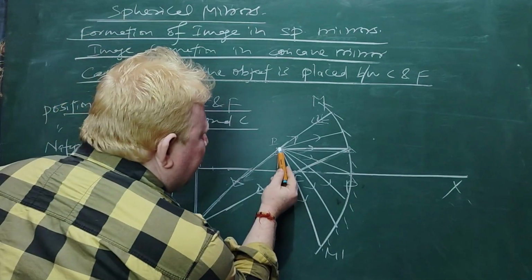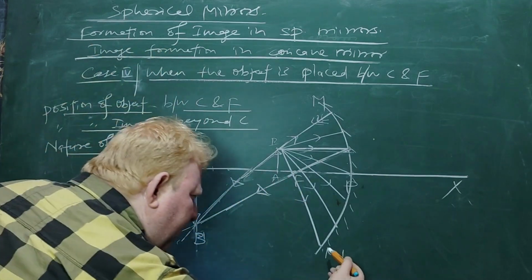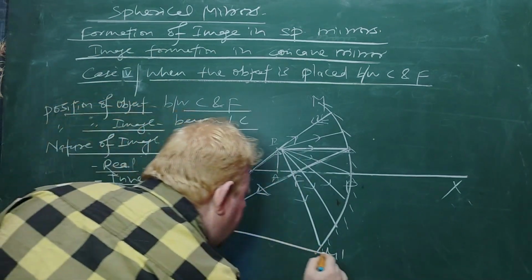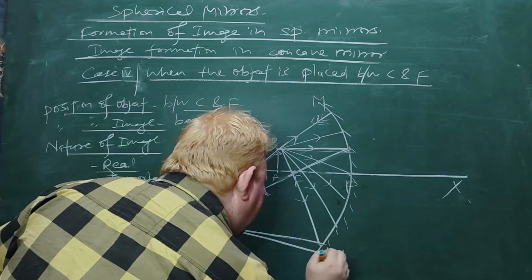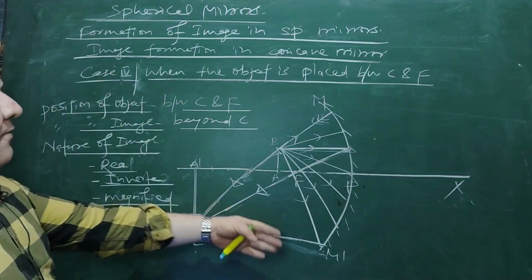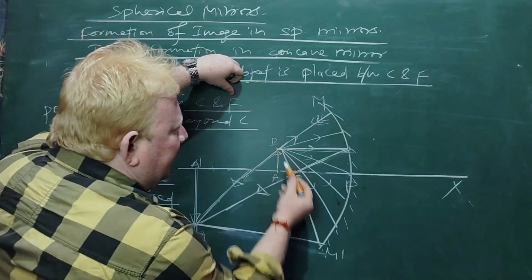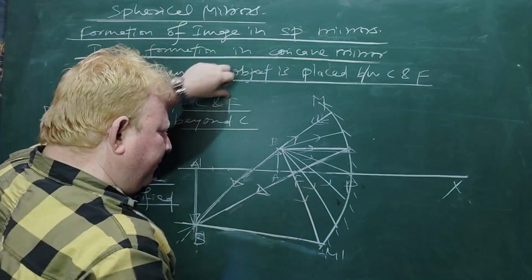See, somewhere this light ray is nearby the focus, so this reflected ray will be almost parallel. It differs a little bit, but it is like parallel, because this light ray is near the focus.